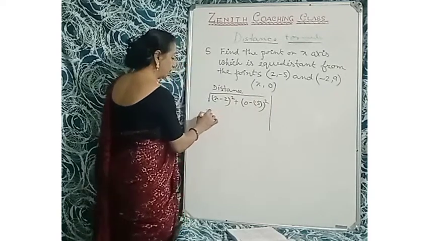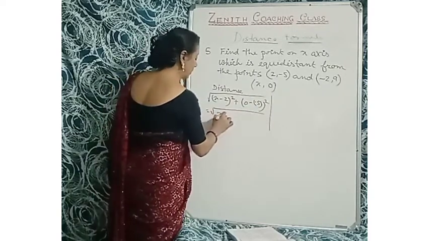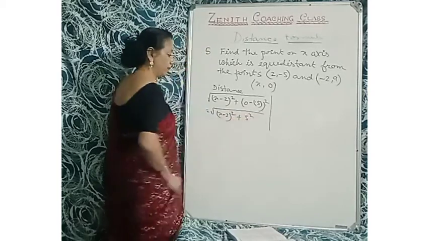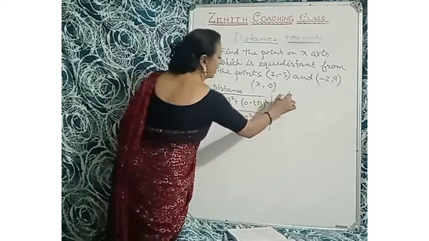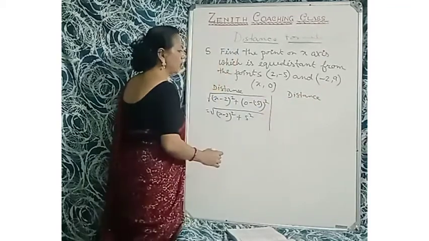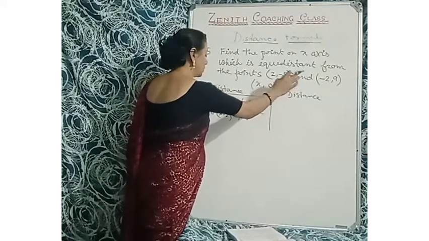Okay, so (x - (-2))² + 5² gives one distance, and the other distance is to the point (-2, 9).